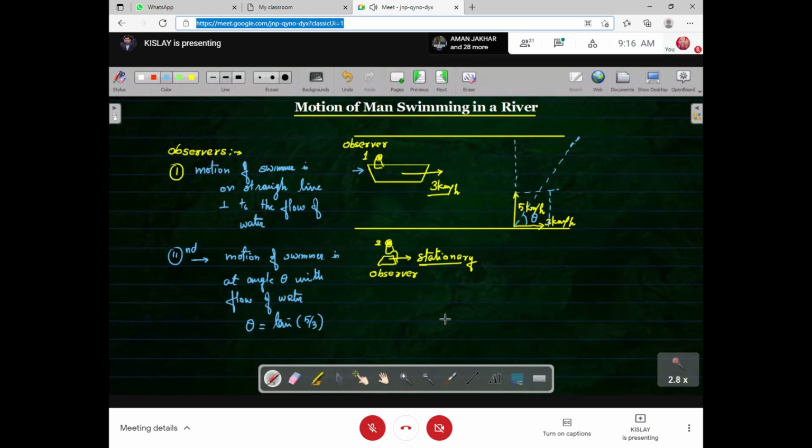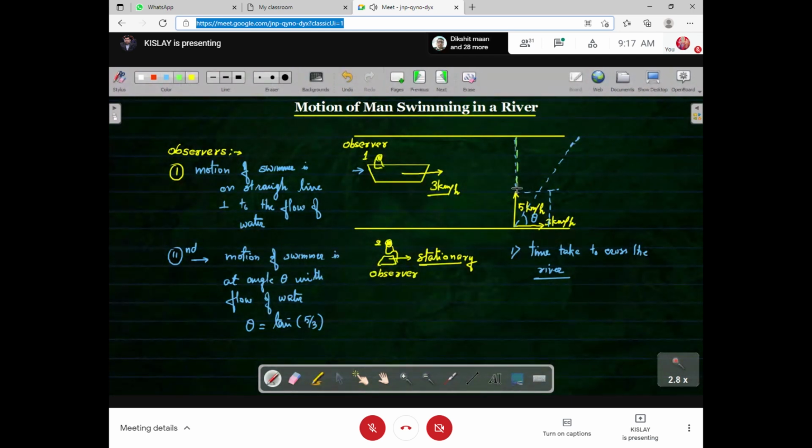Good. If we talk about the time taken by the swimmer to cross the river, see, if someone wants to cross the river, it means he has to cover the distance in this direction.